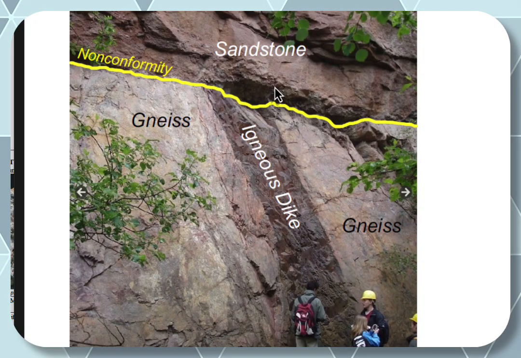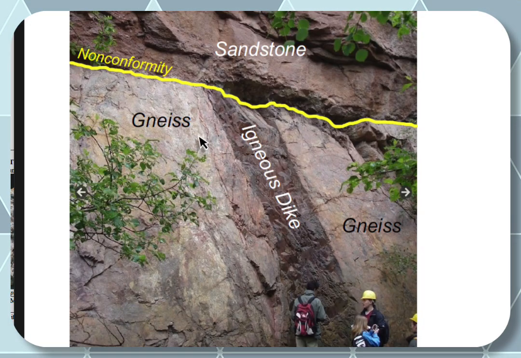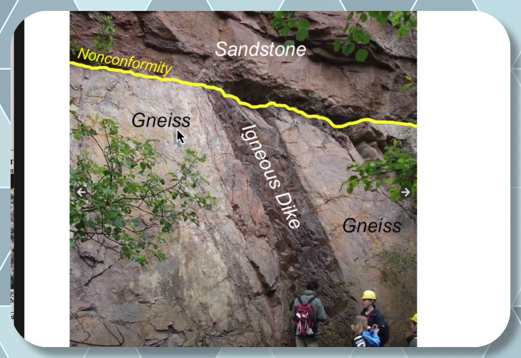So whenever you have an unconformity, a gap in time, in this particular case, we have sedimentary rock or sediments on top of crystalline basement. Remember, the crystalline basement is either some plutonic igneous rock or some metamorphic rock. In this case, it's a gneiss, metamorphic gneiss. So we have to call this a nonconformity.